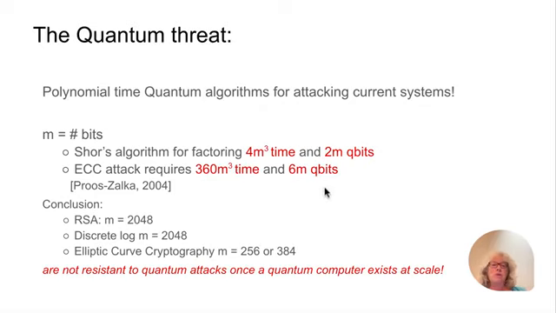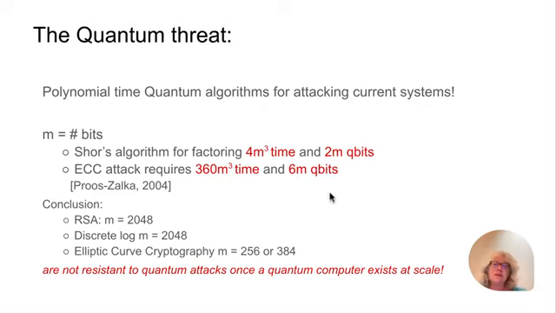So the quantum threat is that there are polynomial time quantum algorithms for attacking elliptic curve crypto. And if m is the number of bits, so for example, like 256-bit ECC, if m equals 256, you can see that a quantum attack on ECC requires 360 m cubed time and 6m qubits.